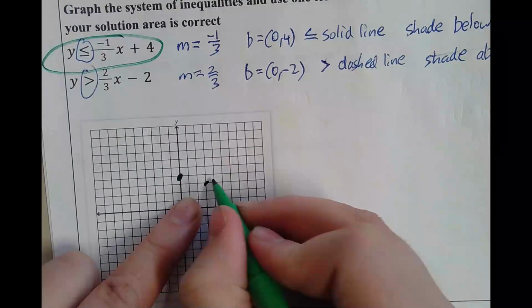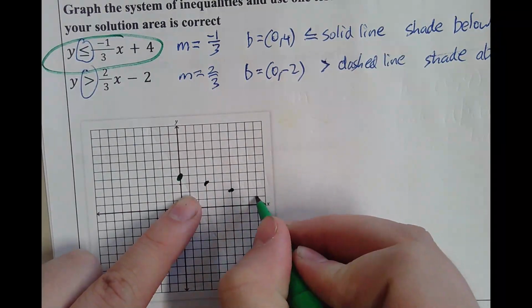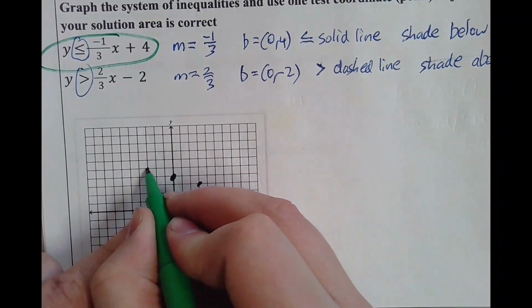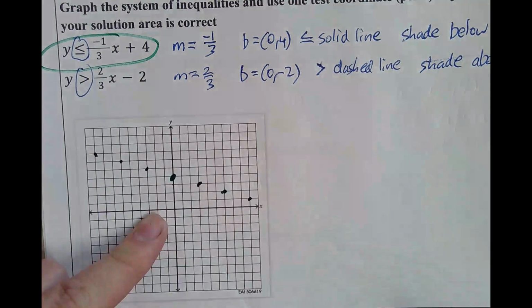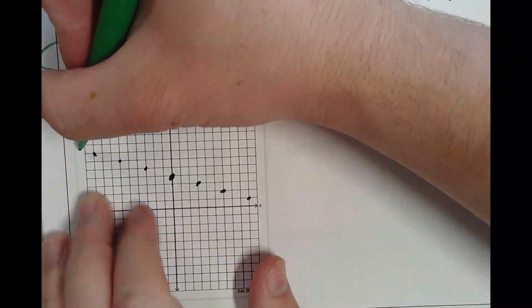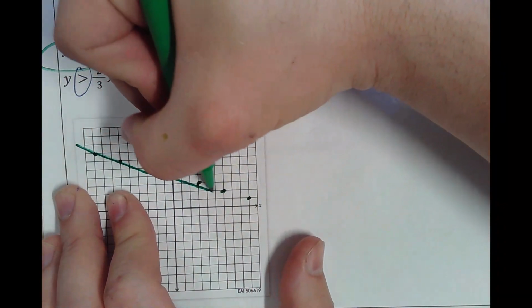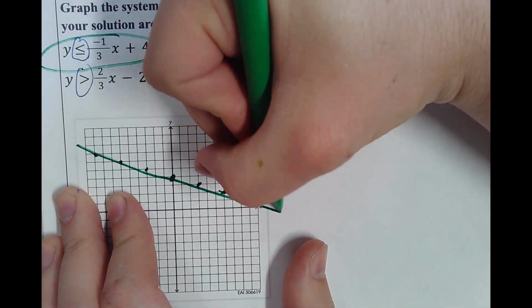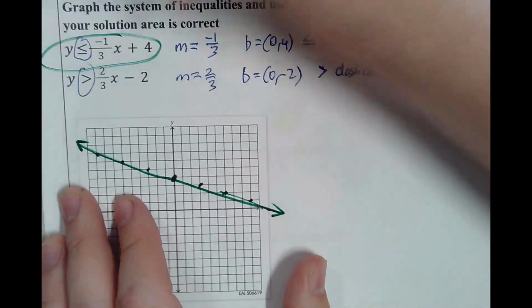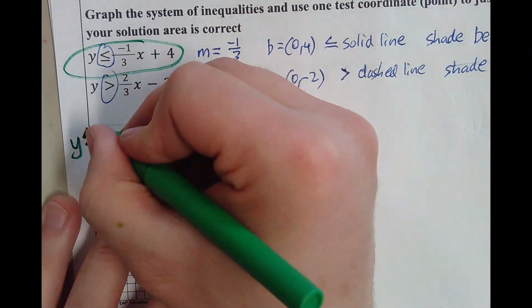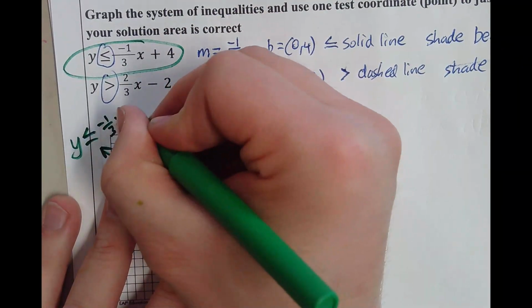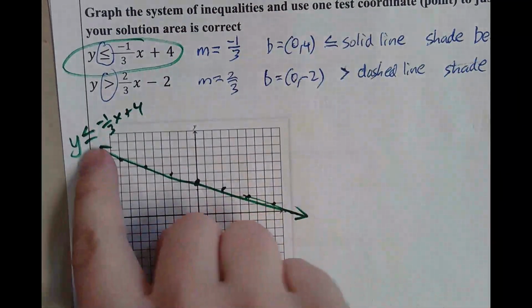Down 1/3. I'm going to put all my dots until I have a complete graph. Okay, this one needs to be a solid line, which I didn't draw too perfectly, but that is okay. It's solid because of the equal sign, and I have to shade below.